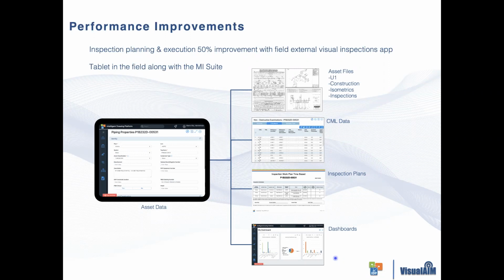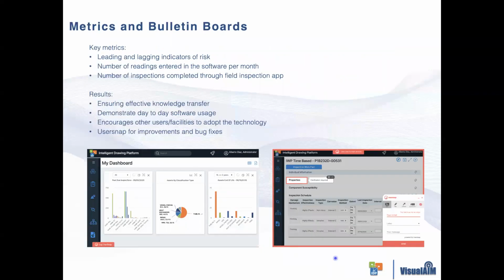Absolutely, yeah. Thanks for that comment, Ed. And yes, this is another point that we want to close with, the metrics and the bulletin board. So I mentioned this at the beginning of the presentation, and essentially after everything was up and running, the 8 facilities were in production, we put this bulletin board together to enable knowledge sharing across the 8 facilities. This bulletin board showed a number of metrics that include things like leading and lagging indicators of risk, but it ultimately portrayed this information across the 8 sites.